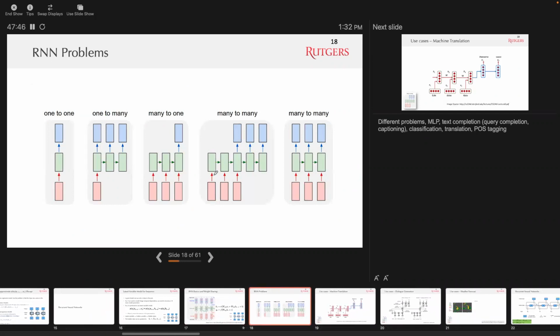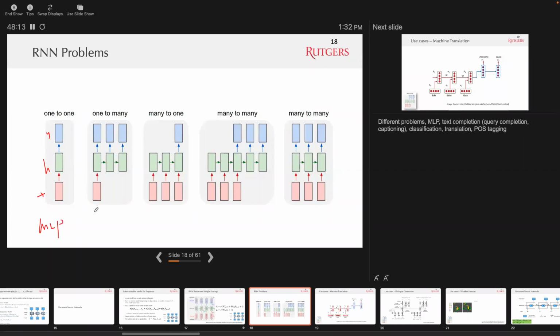The simplest one is the one-to-one mapping. You only have one time step of x and one time step of y, and in the middle, the green one is h. So this is actually equivalent to our MLP: this is h, and this is y. So this is basically a two-layer MLP.